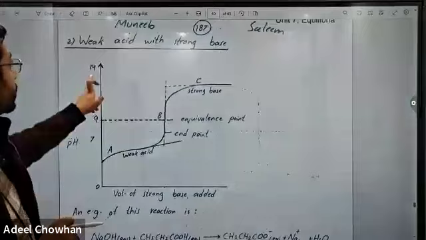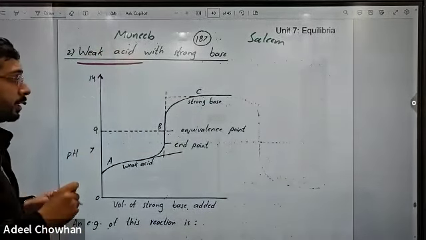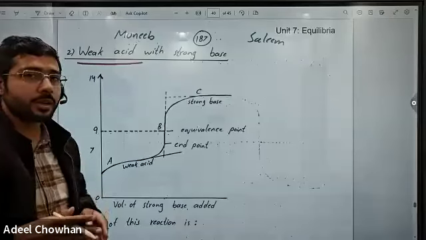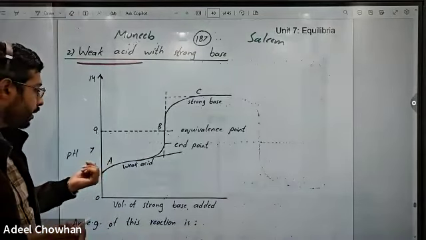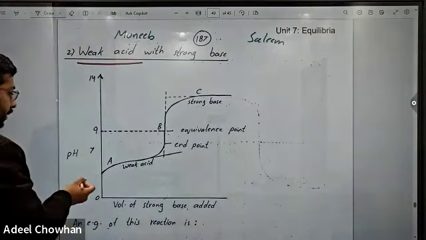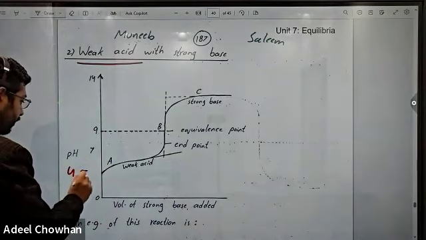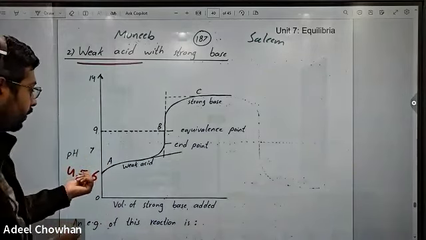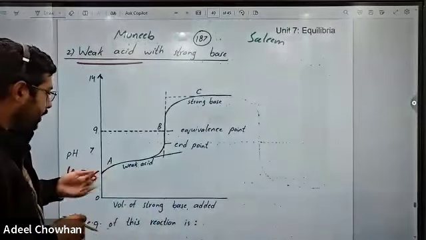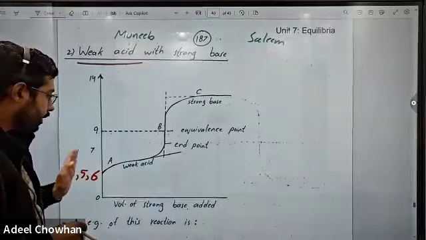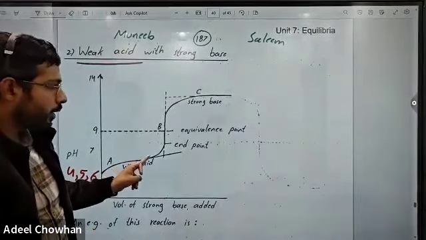If the reaction starts from the weak acid, the pH curve will start at a value around 4, 5, 6, but less than 7, because this is the range at which a weak acid is present. So the titration curve increases from around this value as we add more and more base into the flask.